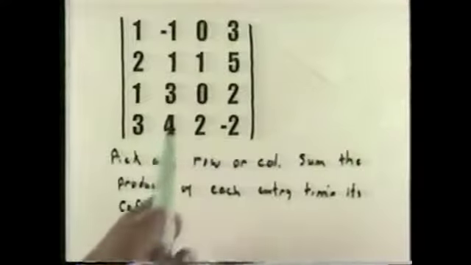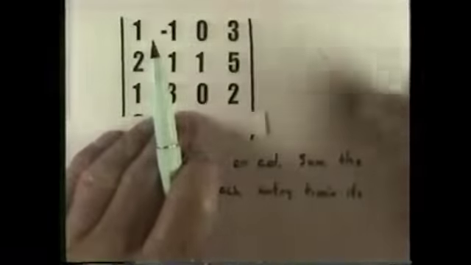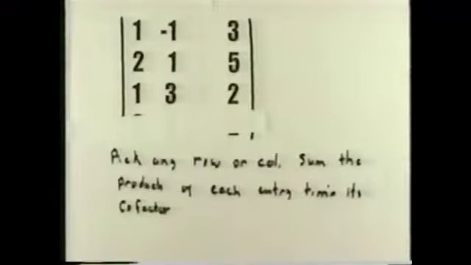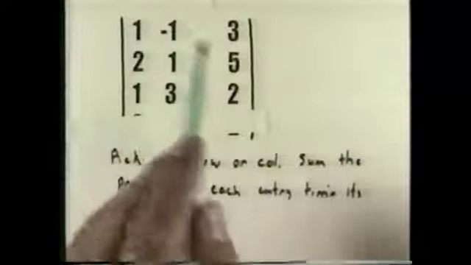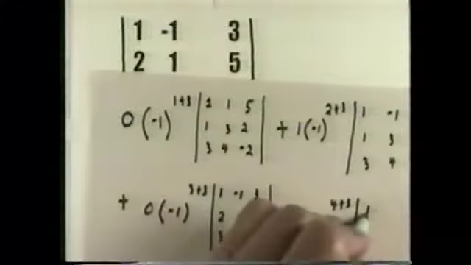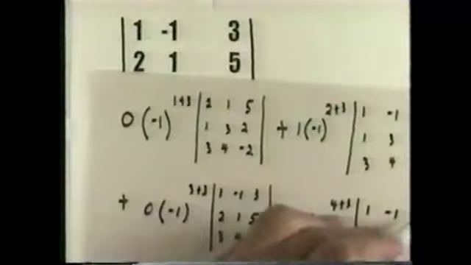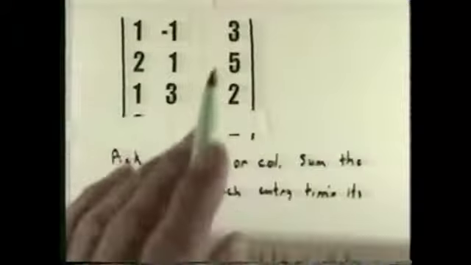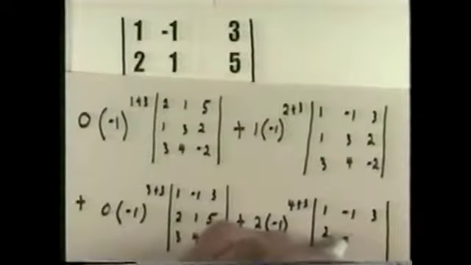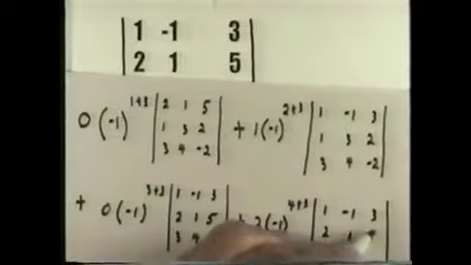And this time I'm going to remove row 4 and column 3. So we have 1, -1, 3, 2, 1, 5, 1, 3, 2.